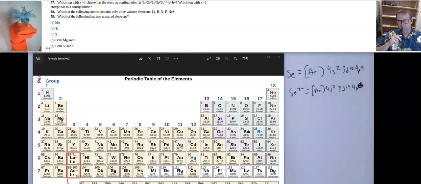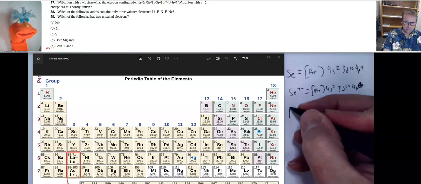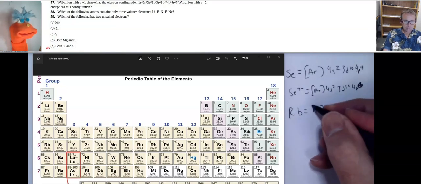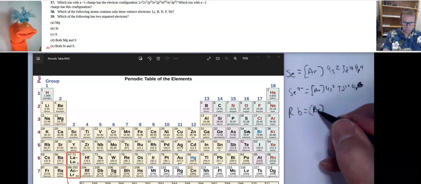Okay? Rubidium electron configuration is argon with, no, krypton. Rubidium is krypton first.